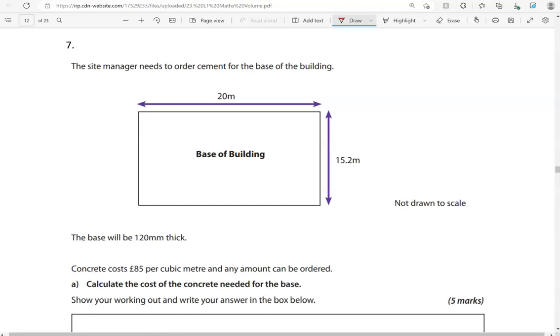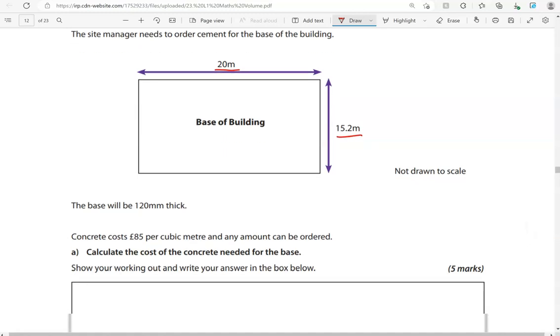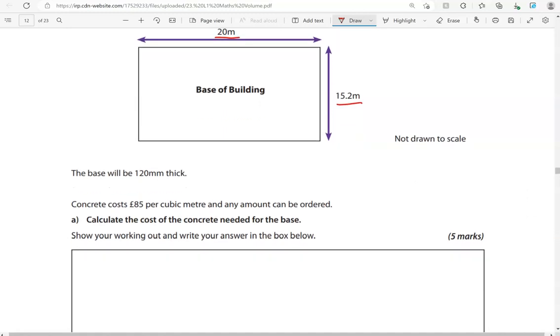So we've got the base of the building, which measures 20 meters by 15.2 meters. So you can imagine this looking like so. So the base is shown here.